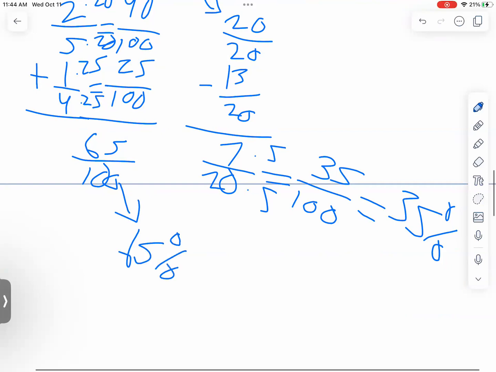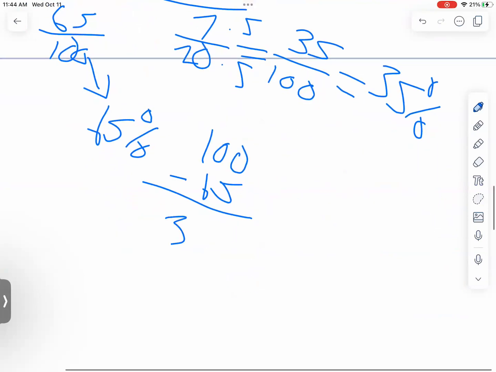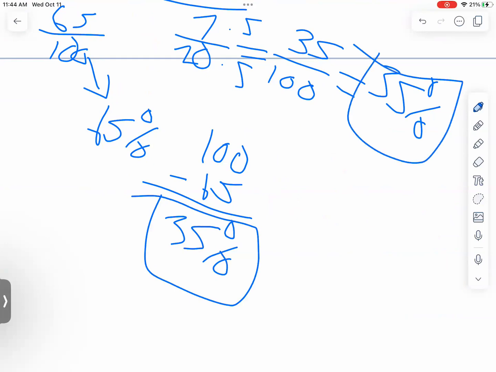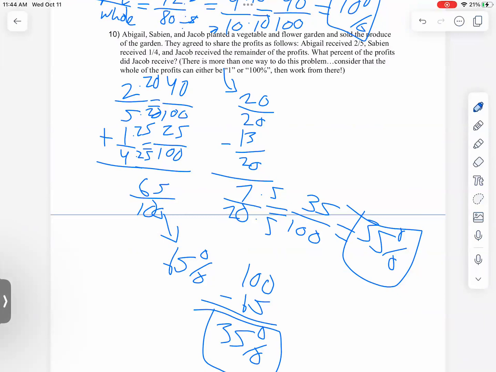And there's 100% total minus 65% that the other guys have, which leaves 35% for Jacob. So that's the same either way. So you could have gone at that problem in either direction. Either you could have found the common denominator, added, and taken away from the whole, or you could have found the percents of both of them, and I know there's 100% total, so I'll take that away. So again, we're just looking for the missing part there.